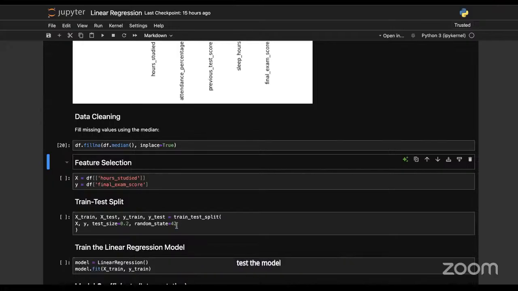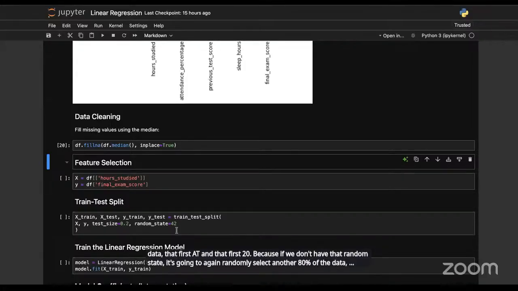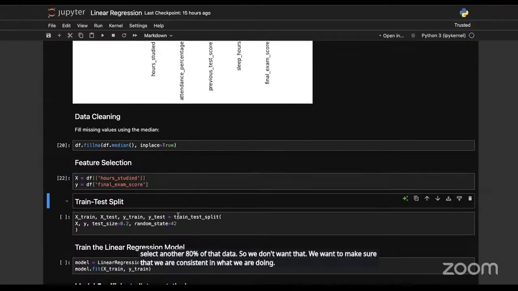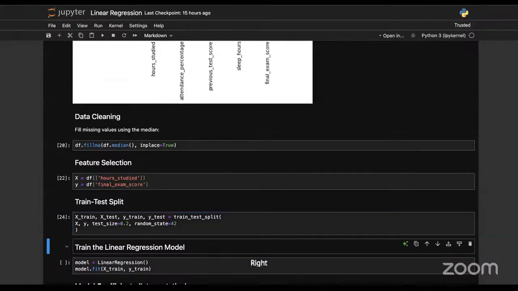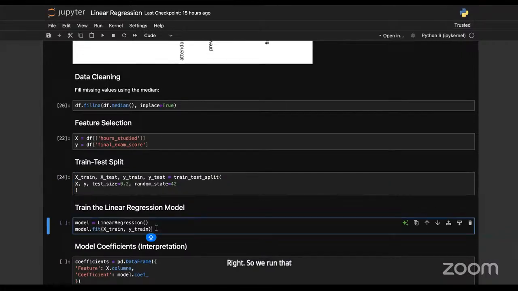That random state 42 is so that we use the same data, that first 80 and that first 20. Because if we don't have that random state, it's going to randomly select another 80% of the data. We don't want that. We want to make sure that we are consistent in what we are doing. So we run that. We then call that linear regression model.